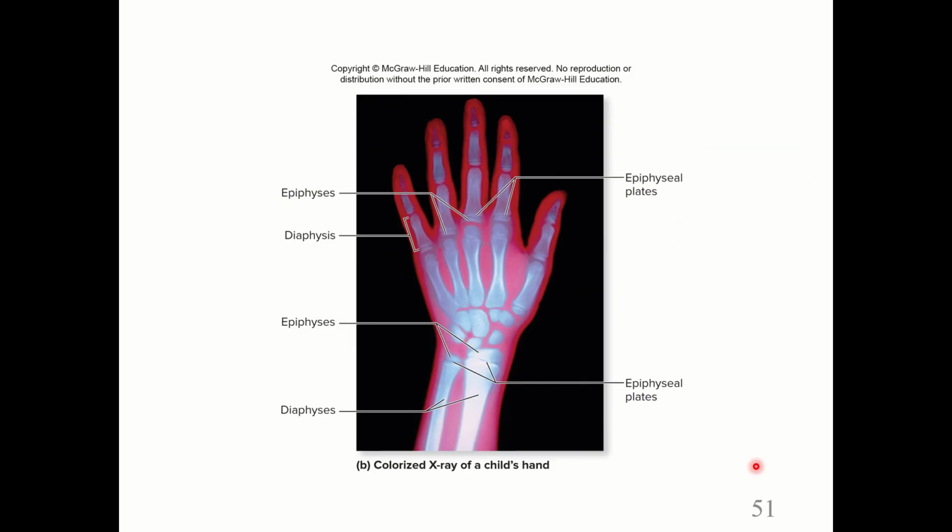This is a colorized x-ray of a child's hand, and you can see epiphyseal growth plates here, and here, and here. And so if this child suffers from a twisted epiphyseal growth plate, it can interfere with their long bone growth.